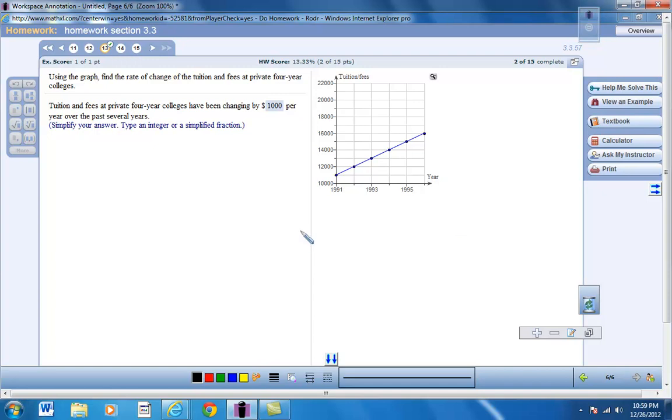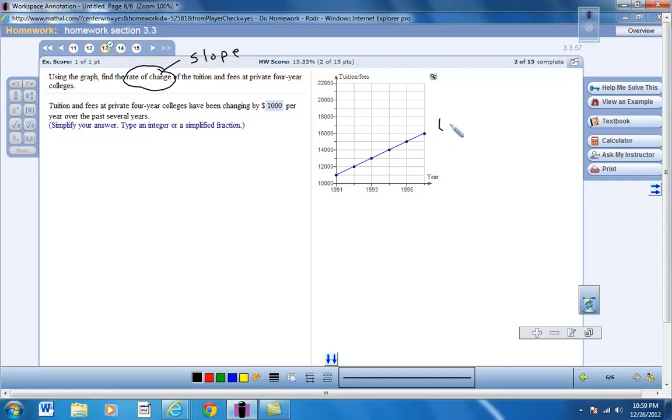So, a word problem. It says, using a graph, find the rate of change of the tuition and fees at a private four-year university. One thing that I want to make sure you understand, rate of change is just a fancy way of saying slope. So once again, they just want us to find the slope. So here we get all these points. Pick any 2 points you want. What I'm going to do is pick this point, because like we learned in example 1 and 2, if we know the points, we can just plug it into our equation and find a slope.